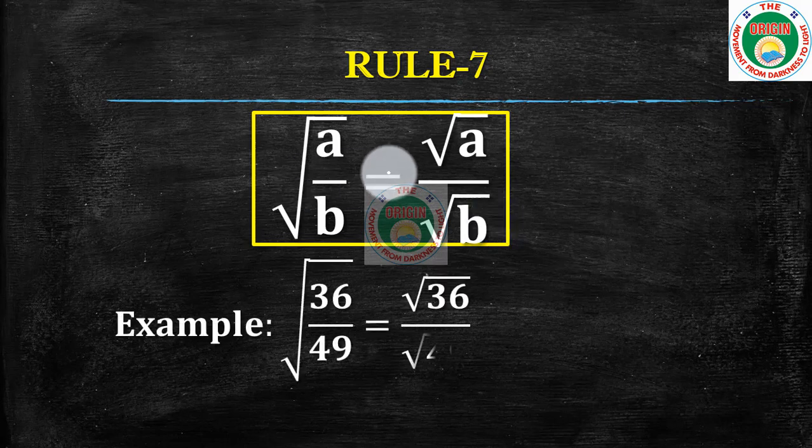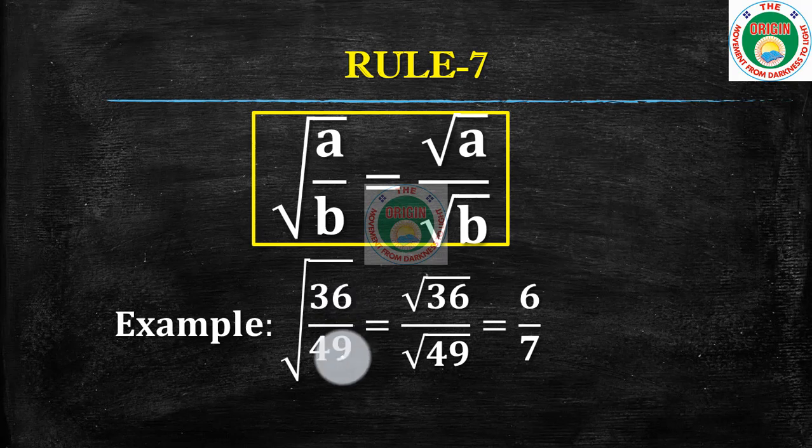An example given here: square root of 36 by 49 equal to, we can divide the square root here, root 36 separately and root 49 separately. What is root 36? 6. Root 36 is nothing but 6 multiplied 2 times, 6 sixes are 36. And root 49 is nothing but 7 into 7 equal to 49. So the answer is 6 by 7.